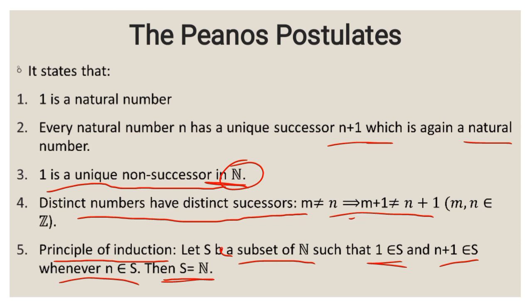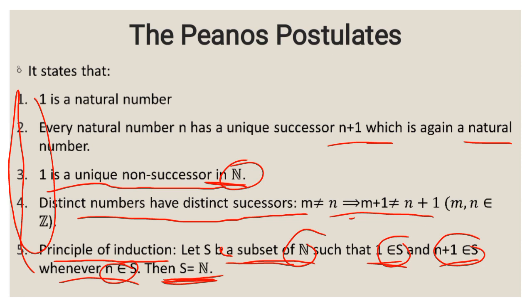So if you have a subset of the set of counting numbers, and you have 1 in that subset, and n plus 1 is in that set whenever n is already in it, then definitely S is equal to the set of natural numbers. So that is what Peano's postulate states, and you should be able to state all of these 5 points, okay? All 5 of them. You should be able to state them, okay?